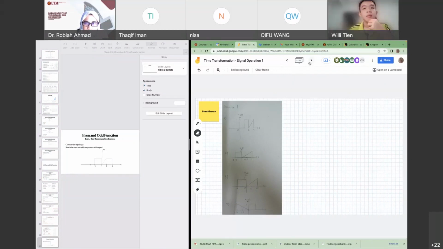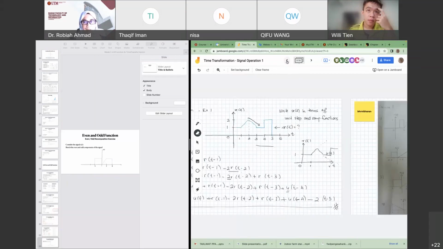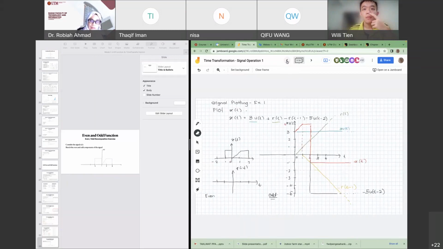Tapi kenapa dia punya point ni lain? -2, -1. Signal asal tak ada. Okay. Question number 4. So this one, what will be the reversal? There will be sampai -2 lah. Kan? Okay. So add up for the even and odd.